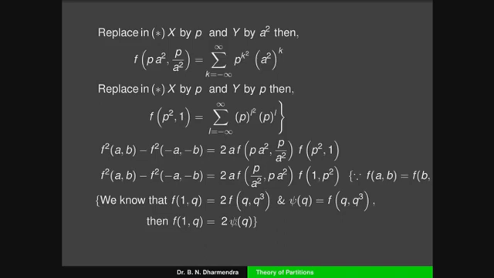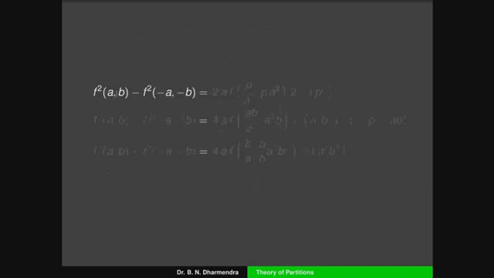So therefore, using this result, it can be written as f square of (a, b) minus f square of (minus a, minus b) is equal to 2 times a into f of (p by a square, p a square) into 2 times xi of p square, where we replace the value of f of (1, p square) by 2 times xi of p square.